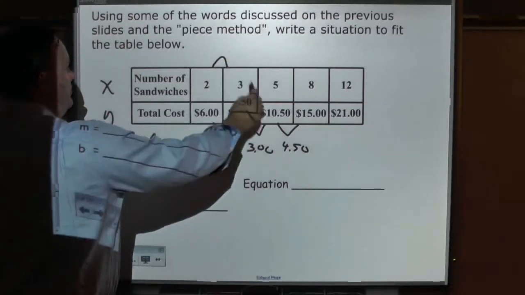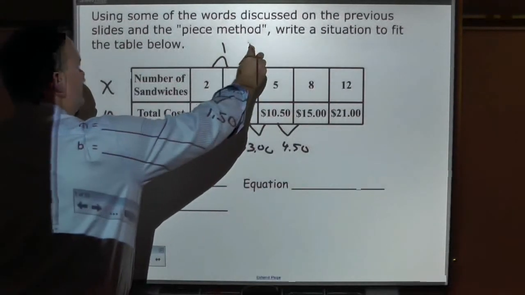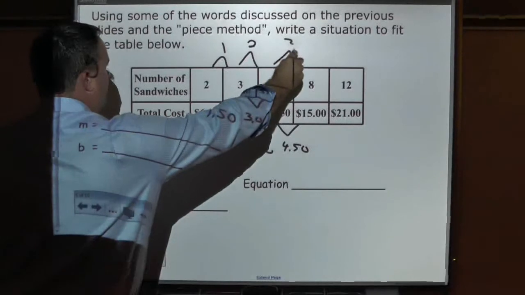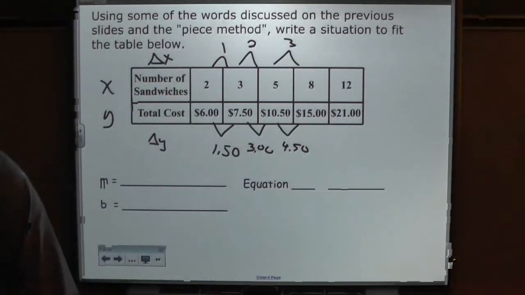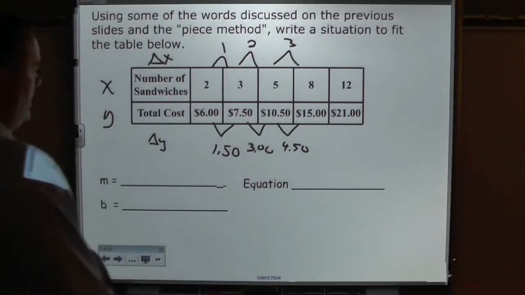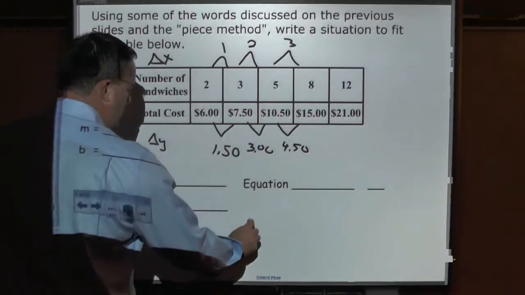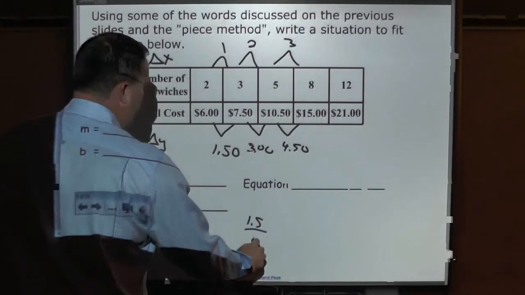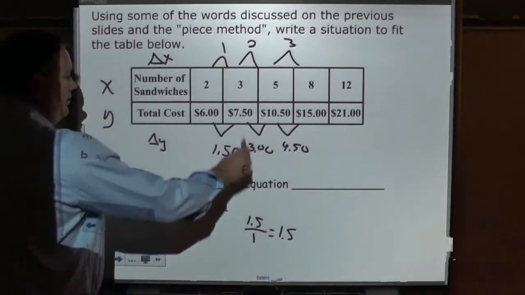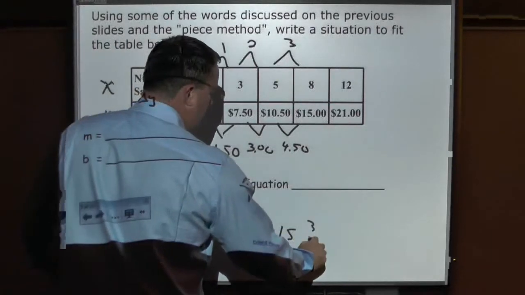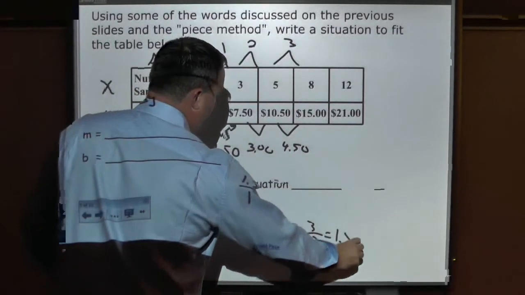If we look here, 2 to 3 is 1, 3 to 5 is 2, 5 to 8 is 3. This is your change in X. Well, for each one of these, if you divide 1.50 by 1, you're going to get 1.5. You divide 3 by 2, you're going to get 1.5.